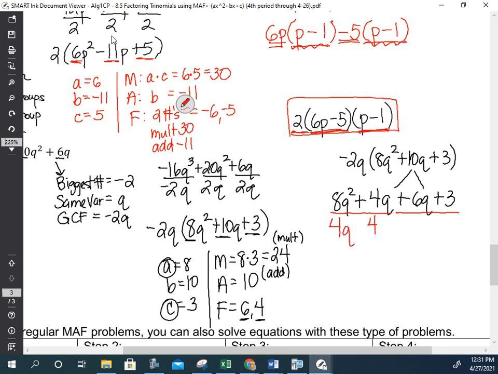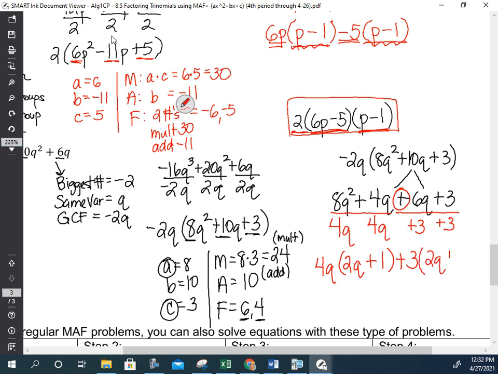They got the Q. So 4Q, 8 divided by 4 is 2Q, plus 1. The second group started with a plus, so you take out a plus. What divides into 6 and 3? Take out a 3. Can I take out a Q? No, because the 3 doesn't have a Q.